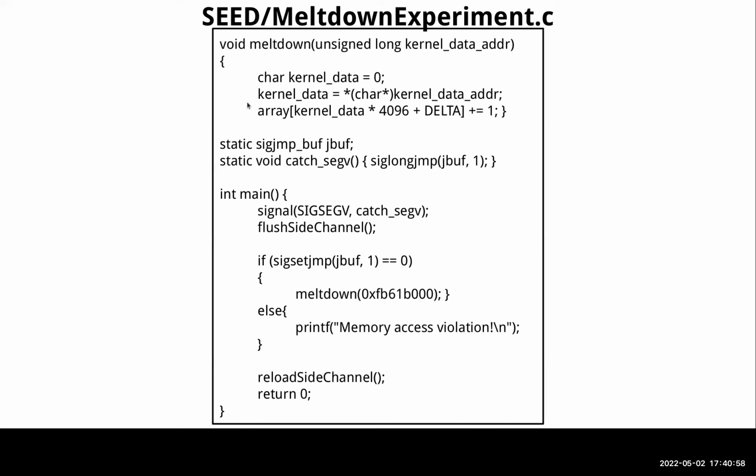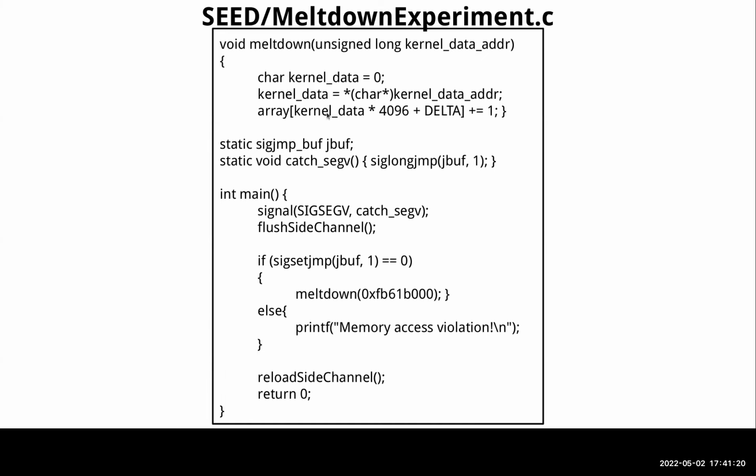If you look at this piece of code, this statement should not be successful, so it should never be executed. But actually, the CPU will execute this one because of out of order execution.